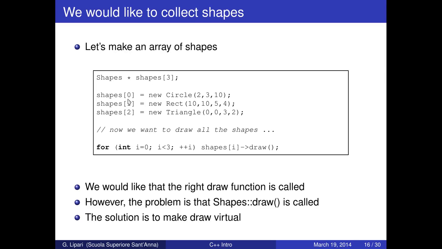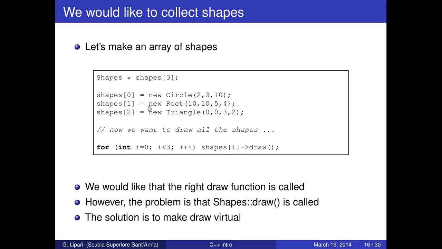And then I'm going to initialize this array by creating objects of type circle, or type rectangle, or type triangle. And this is possible because basically I'm doing upcasting here. So shapes 0 is a pointer to the base class shape and contains the address of an object of a derived class circle. So this is upcasting.